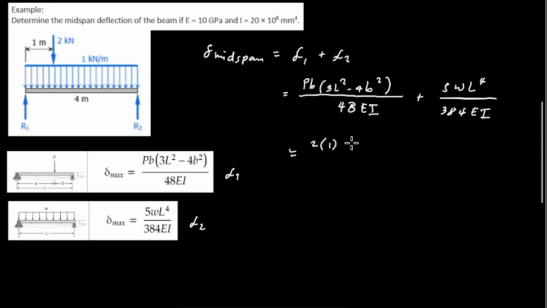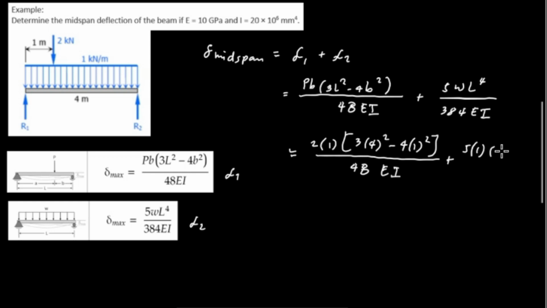So that's 1, open parenthesis, 3 times the length, which is 4 squared, minus 4 times b, which is 1 meter, squared, divided by 48EI, plus 5 times w, which is a uniform load of 1 kilonewton per meter, so that's 1, and L, the span, that's 4 meters to the fourth, and we divide by 384EI, and then simplify.